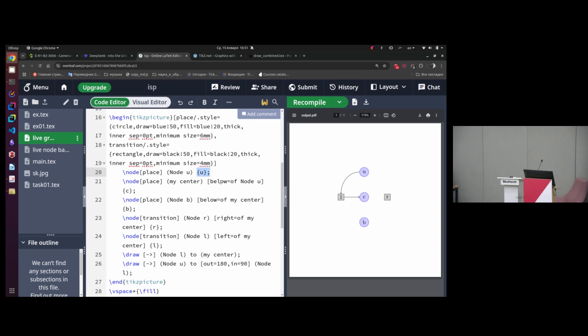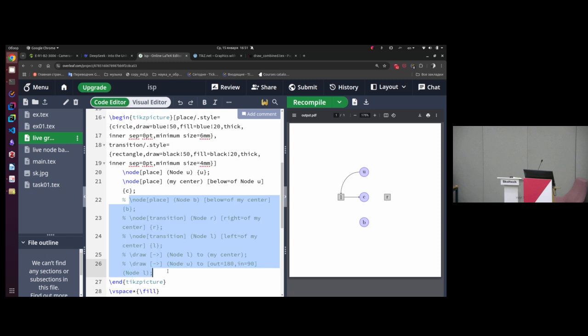So it's pretty simple. Also, about the location of the nodes. You can see this first node is just placed somewhere on the picture. Probably it is placed at 0, 0, right? At the default location. And other nodes are placed relative to the first node. For example, the node my center is placed below node U. So we have node U as the first one.